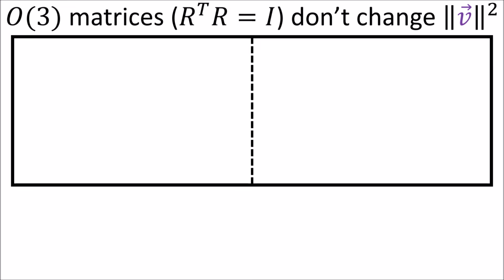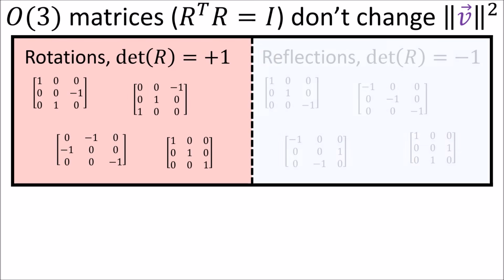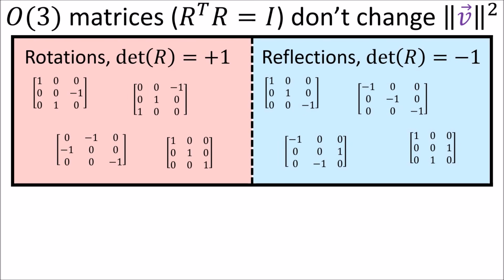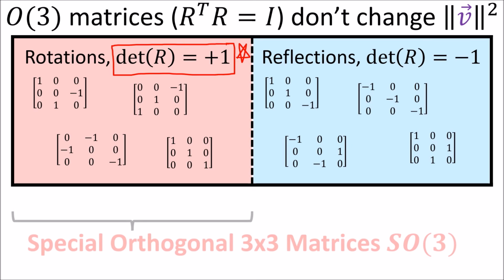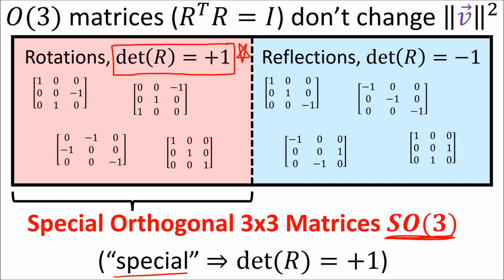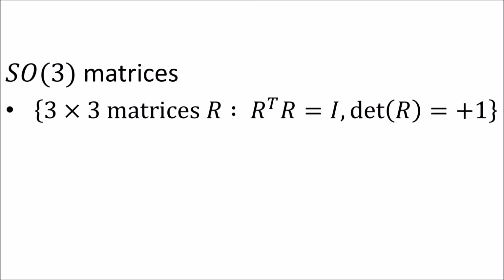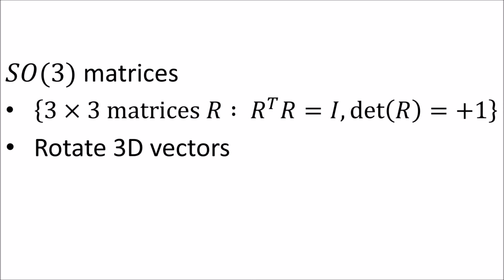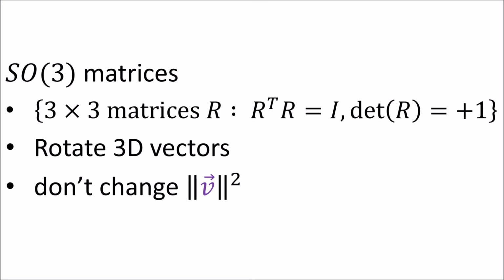So if we only want to look at matrices that do rotations and not reflections, we have to only look at the orthogonal matrices with determinant +1. This is called the special orthogonal group SO3, where the word special means we're restricting ourselves to matrices with a determinant of +1.